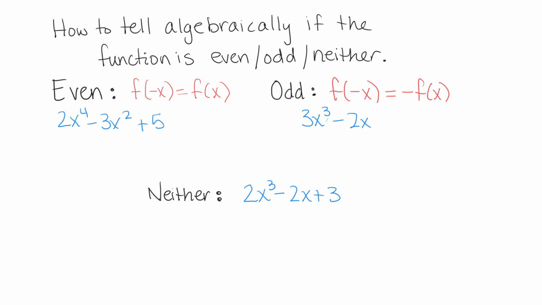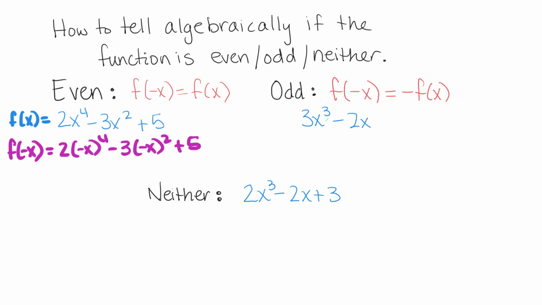So, for example, if this is my f of x, if my f of x is this equation right here, and I substitute in negative x, so f of negative x would be me substituting in a negative x everywhere I see an x, and now let's simplify it.